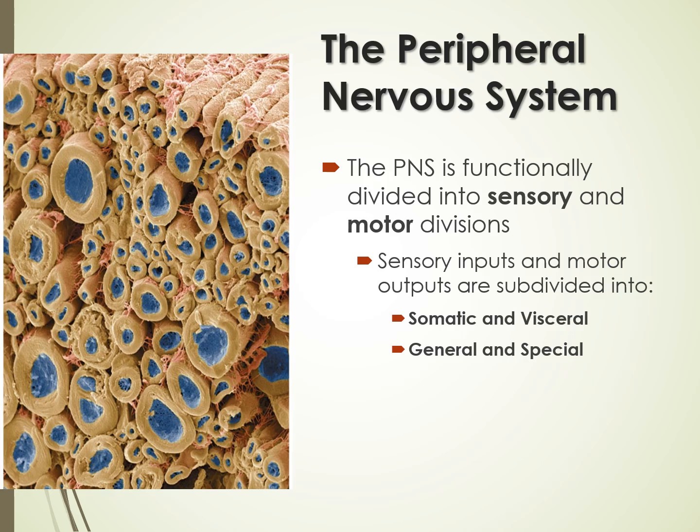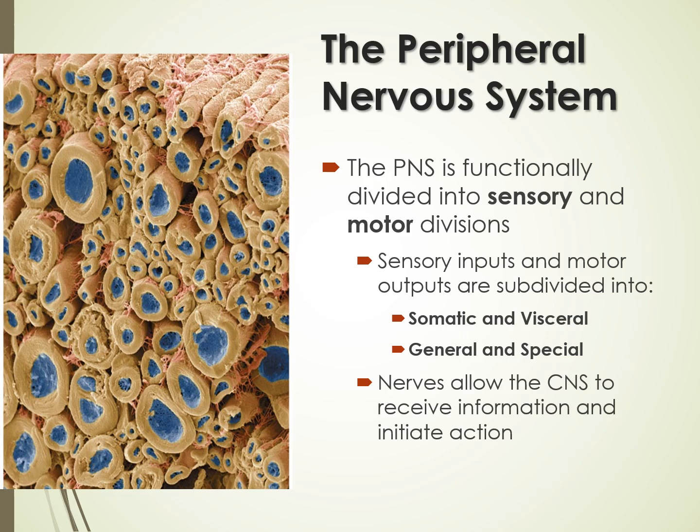We discussed the differences between somatic sensory, somatic motor, visceral sensory, and visceral motor in our first lecture of the nervous system. So just a little review about that. And then we can also talk about general versus special senses.